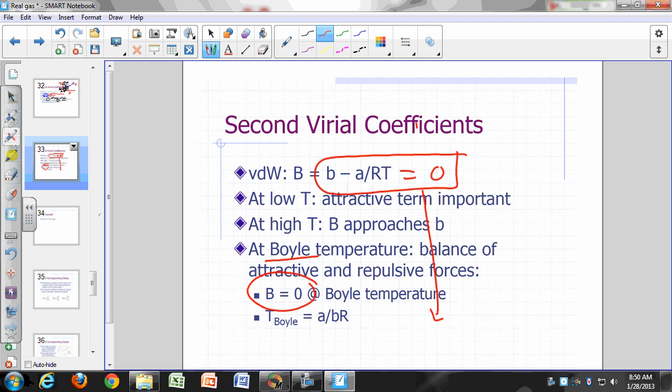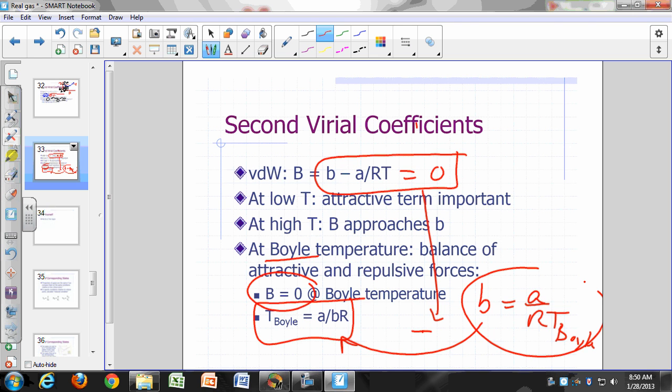That will just give you T. b equals a over RT, right? And this T is now your Boyle temperature. Solving for it, you get Boyle temperature equal to a over bR, with b and R in the denominator.